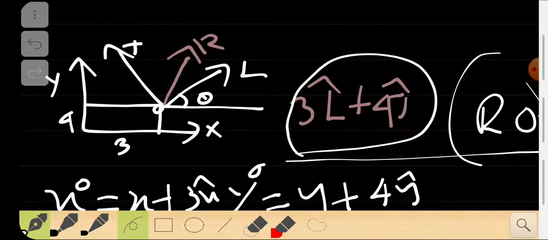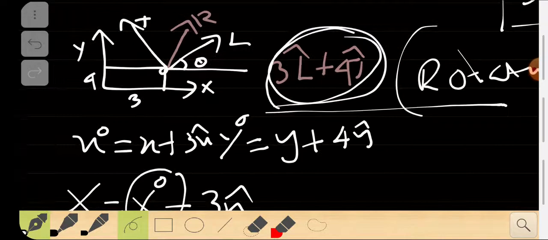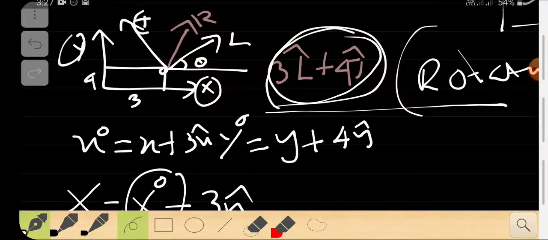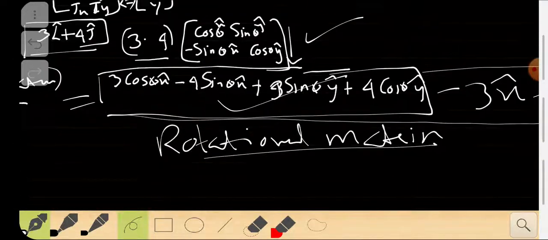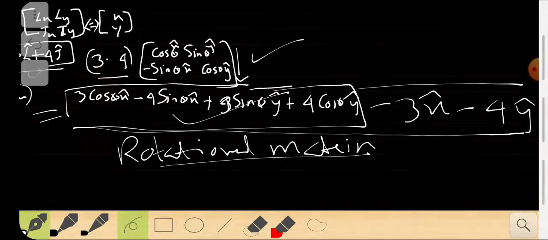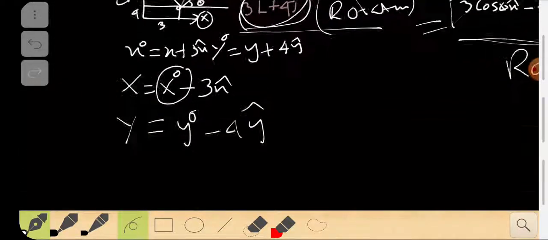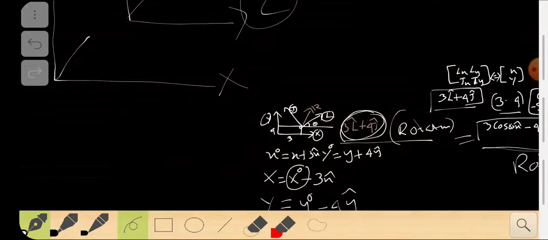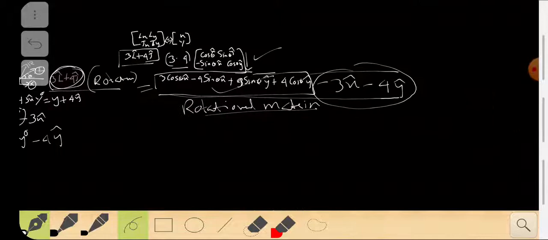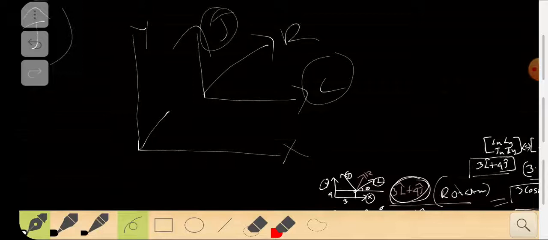For this value of a vector transformed into x and y from J and L, the result will be 3 cos theta x cap and so on, combined with subtracting 3x and 4y, because your new coordinate system has also been shifted at an angle. So this angle and the distance have to be considered.